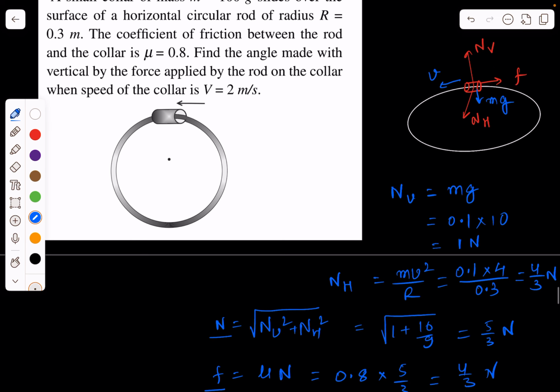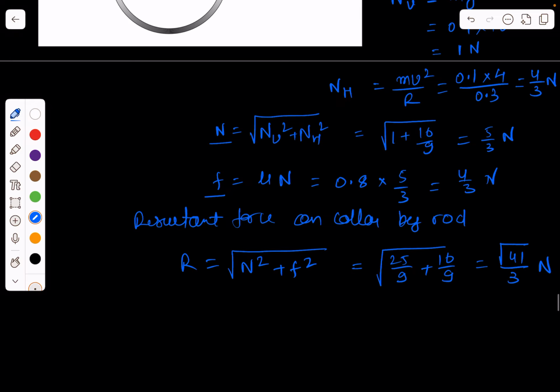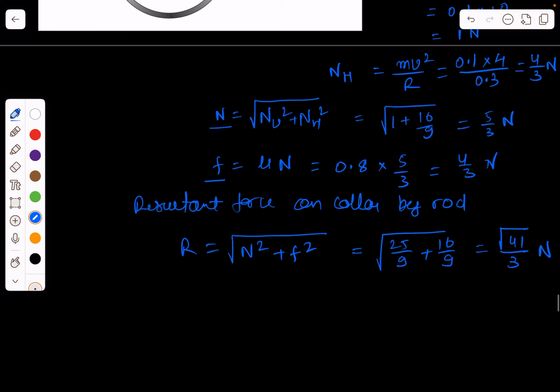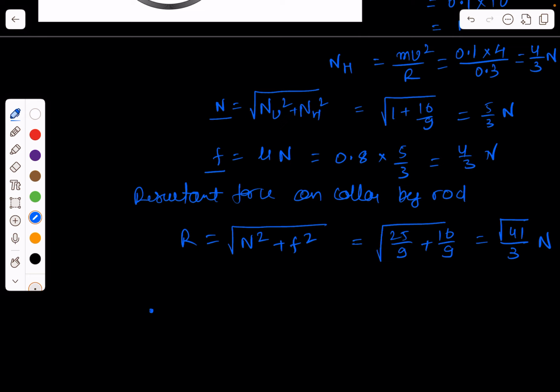And if the angle made with the vertical by this resultant contact force is theta, then let us say friction. In fact, the forces are acting like this. NV is in this direction, NH is in this direction, and friction is acting in this direction.